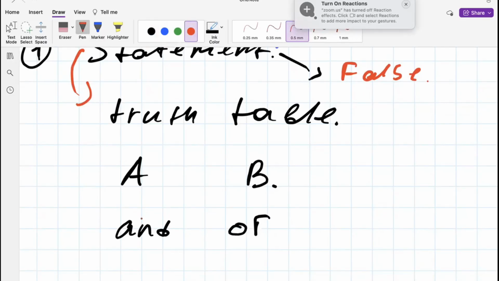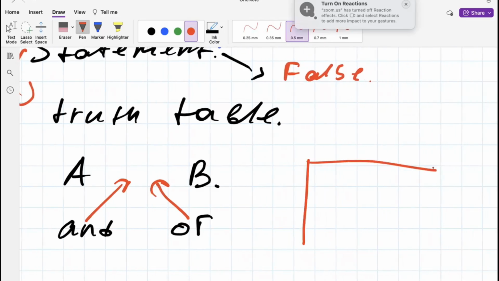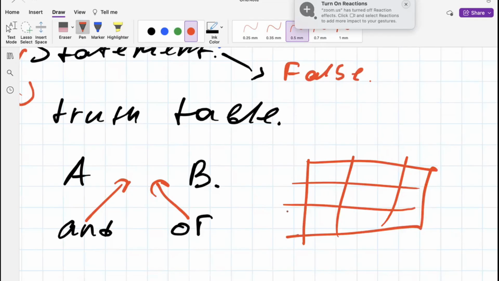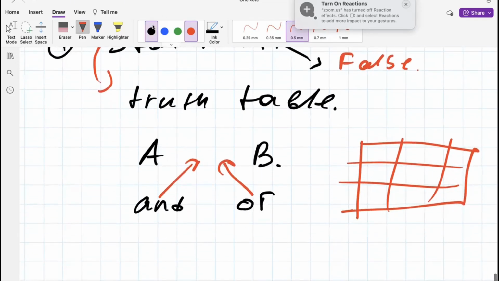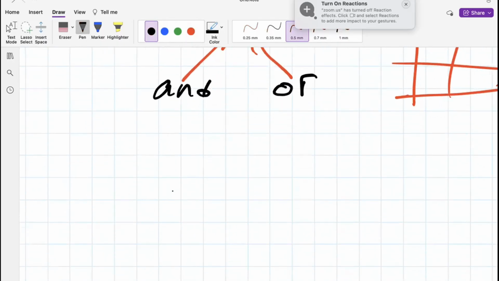So you might have A and B, or you might have A or B, and you should be able to know the difference between A and B and A or B. So you're building a complex statement, and that's why you're building a truth table for this complex statement.